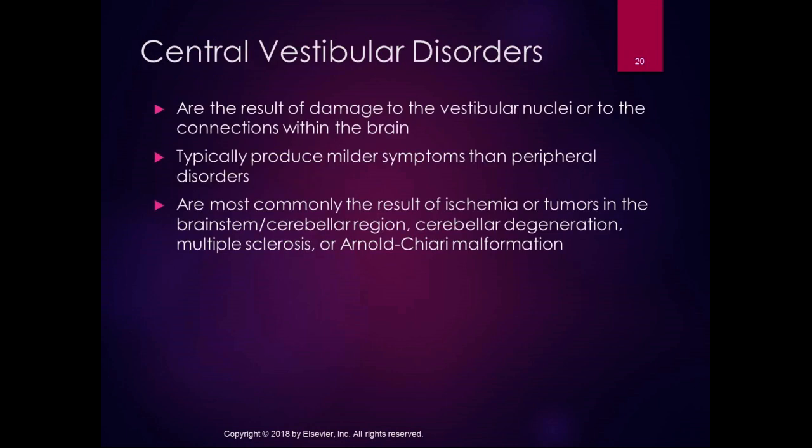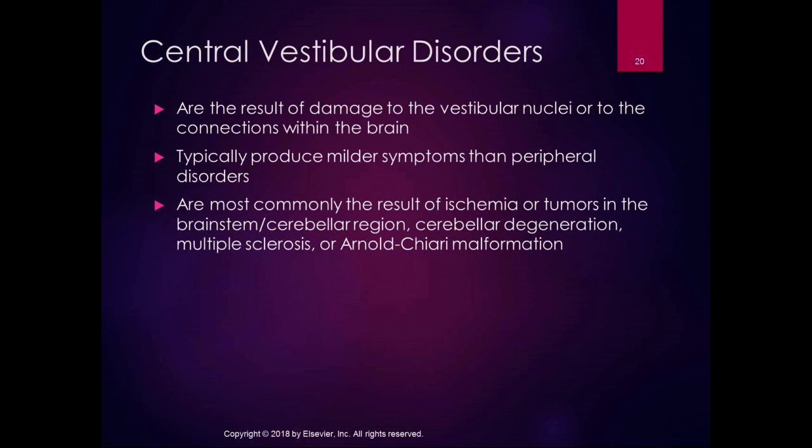When you have central vestibular disorders, the peripheral structures are intact, but there's damage either to the vestibular nuclei or connections within the brain. So typically, you should know this, central vestibular disorders produce milder symptoms than peripheral disorders. So you will have symptoms, but they are milder than the peripheral symptoms.